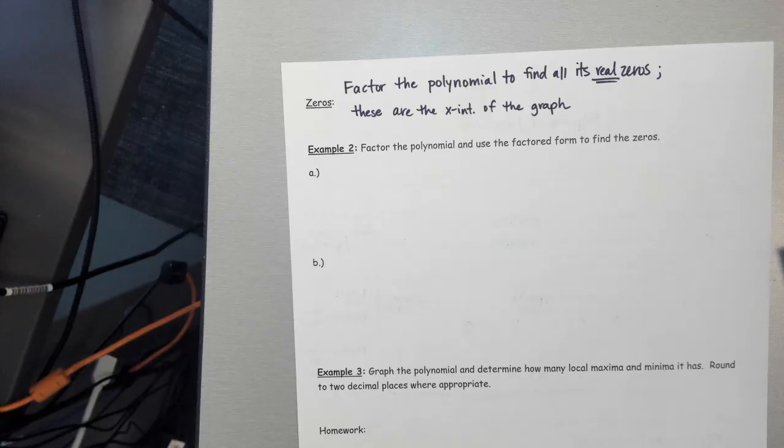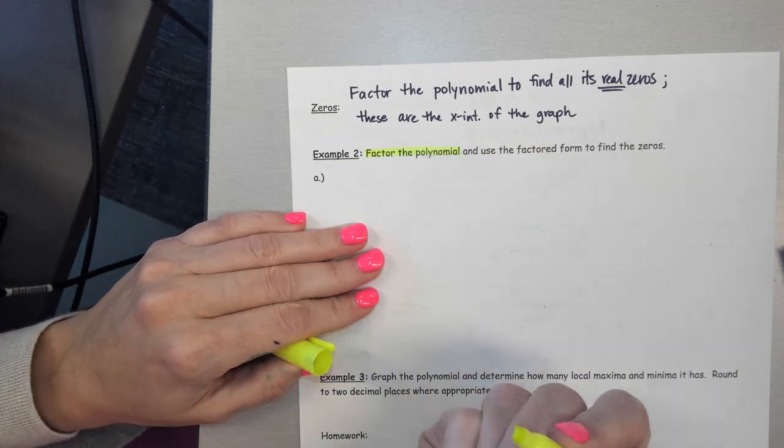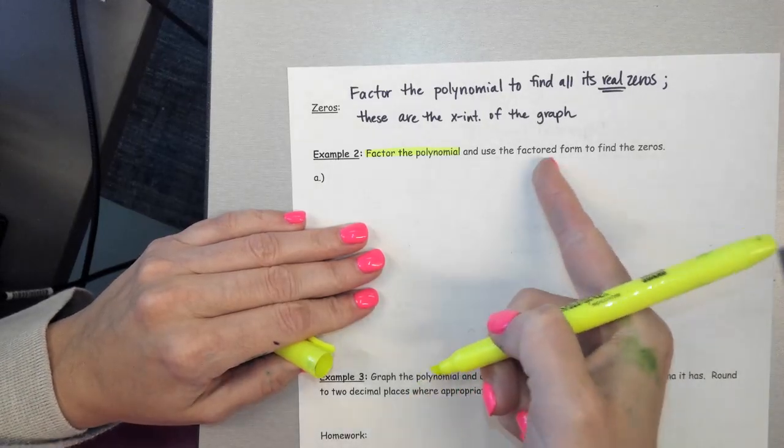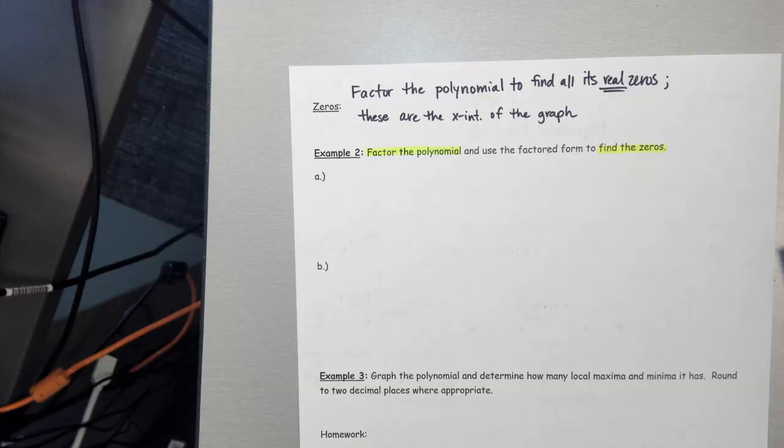Okay, so notice in example 2, it says factor the polynomial and use that factored form to find the zeros. So they're actually telling you to do two things here. So we are going to write the polynomial in factored form here, and we're going to use that factored form to find the zeros. Okay, so 2 tasks, 2 answers.